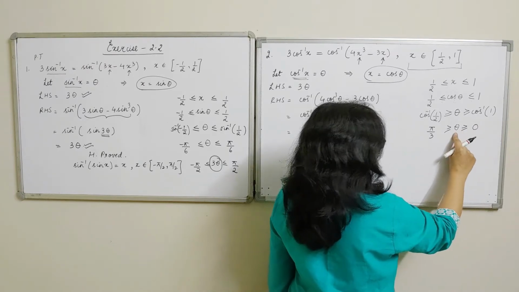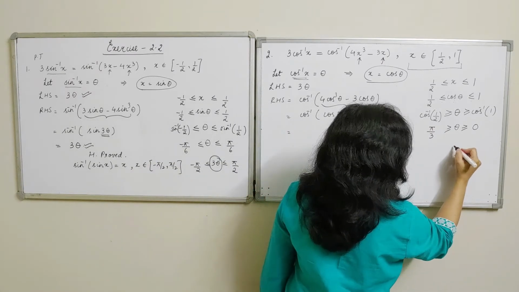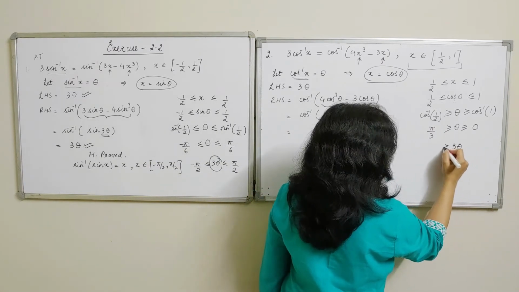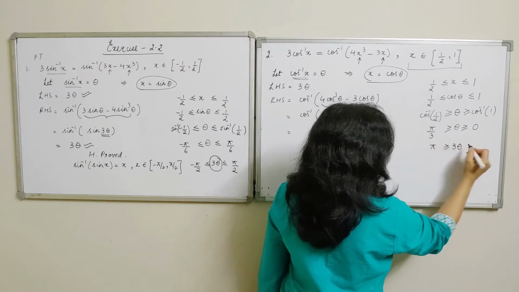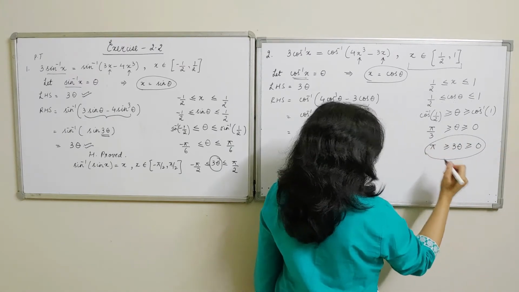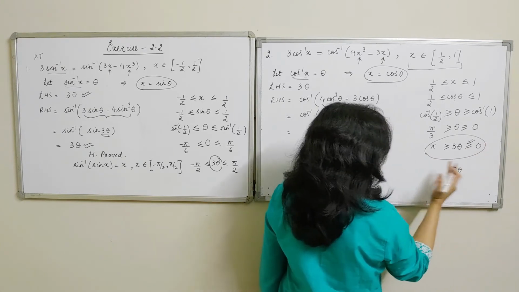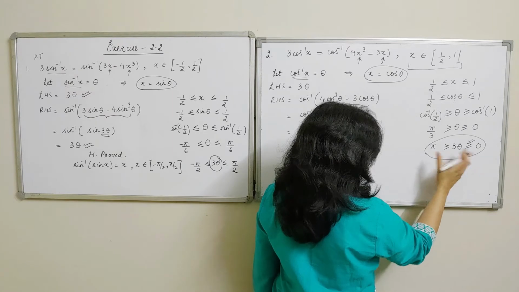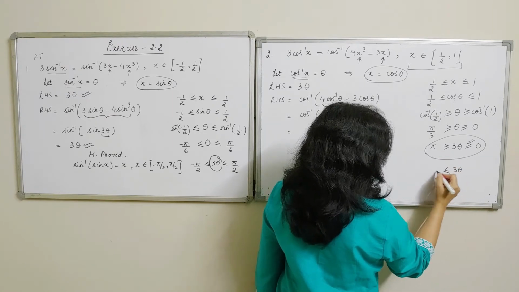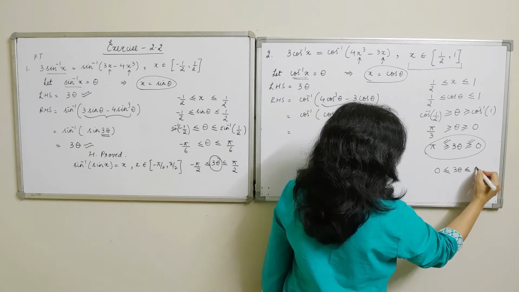So this angle is theta. What we want is 3 theta. So multiplying each component by 3, we get here pi and here 0. In this kind of inequation, we usually write the greater than component on the left hand side. So here I'll just rewrite it, 3 theta greater than or equal to 0 and less than or equal to pi.